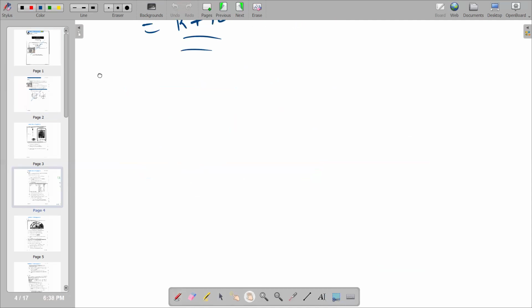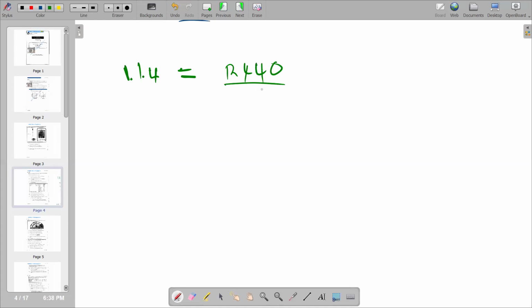So on our answer section, we are just going to do it as such. This is now 1.1.4, whereby we are saying 440 divided by the 110 that we have per hour. And when divided, you see that you're going to get 4 hours. So this basically becomes your final answer.